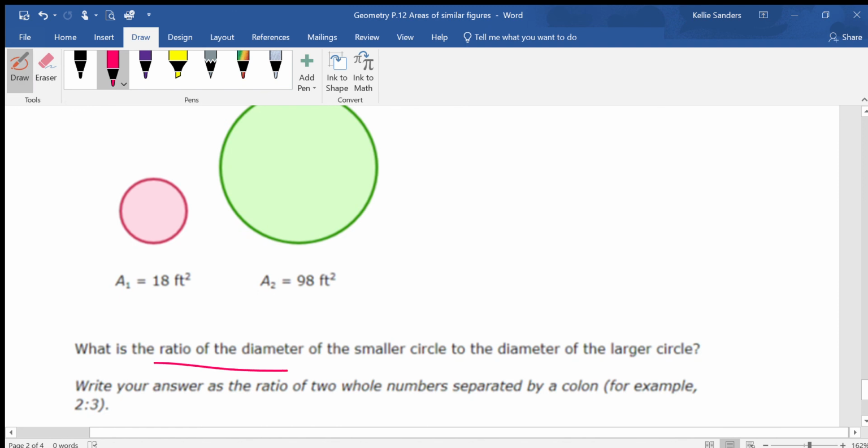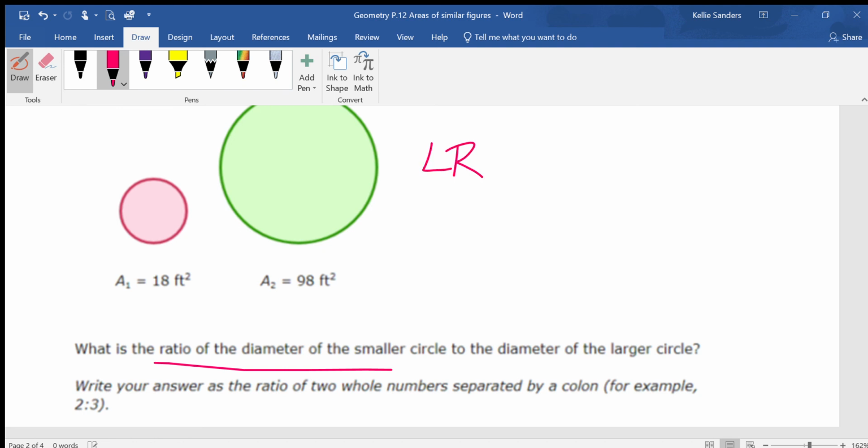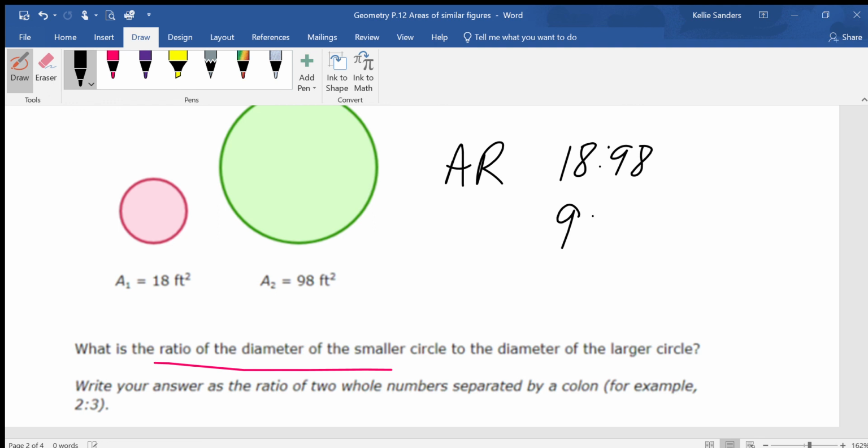Okay, what is the ratio of the diameter of the smaller circle to the diameter of the larger circle? The length ratio. The area ratio that they give us is 18 to 98. I am going to reduce that by 2 and get 9 to 49.